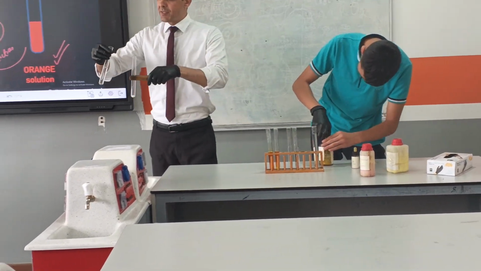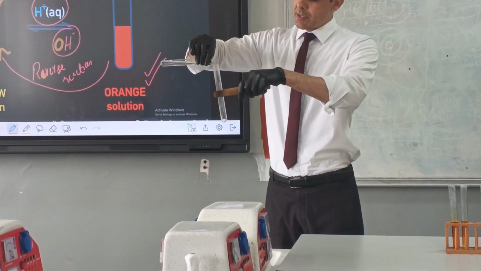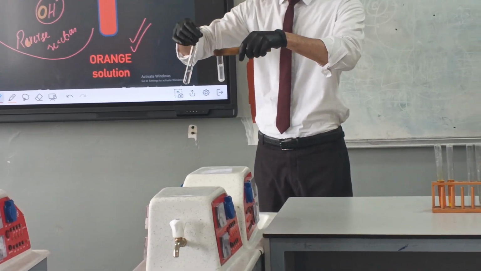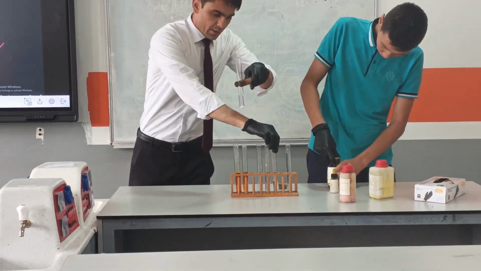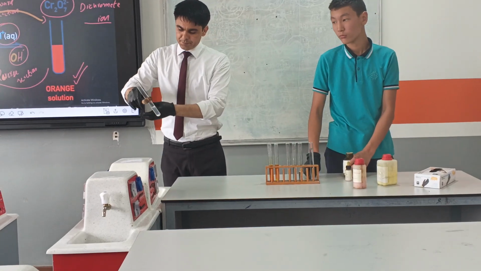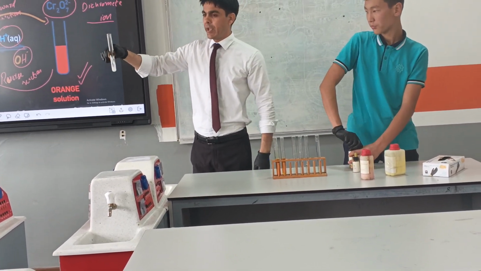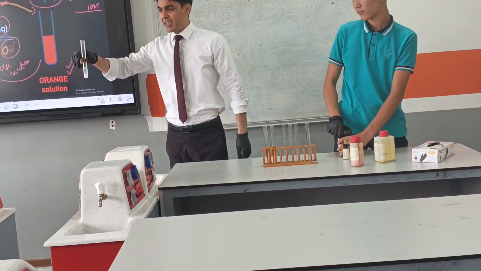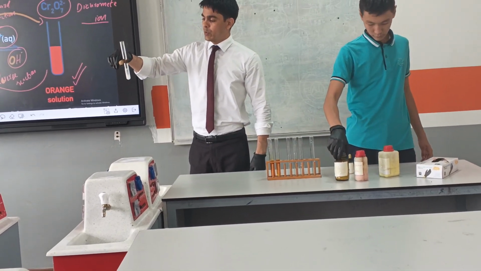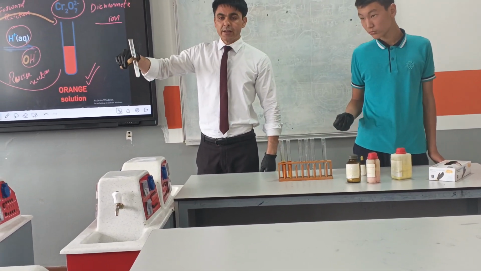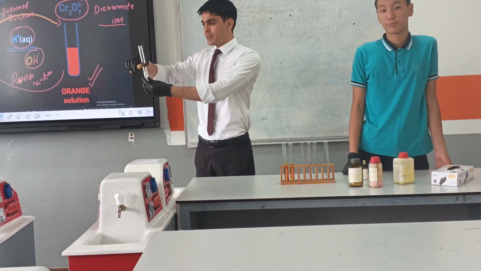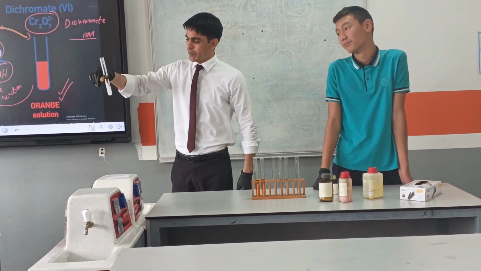First we have to make the solution. Just add a little amount of water. Now we have to dissolve it. And by the way, is it exothermic or endothermic? Exothermic, because when you dissolve a strong alkali in water, it releases heat. Remember this.